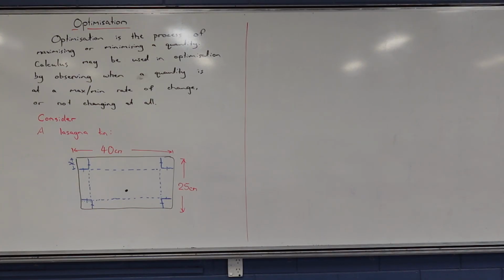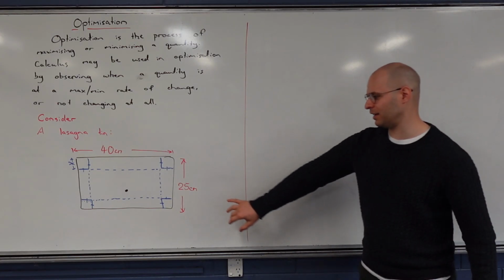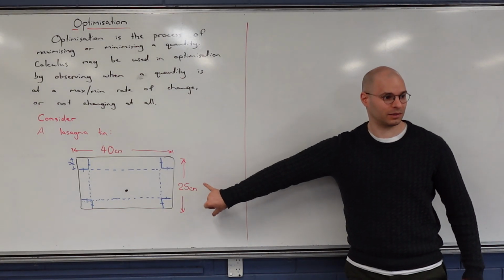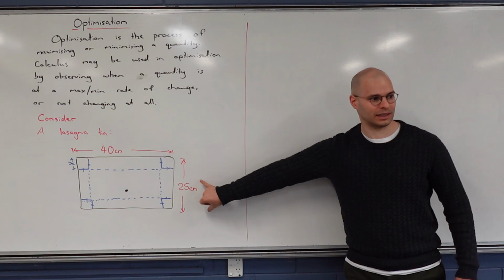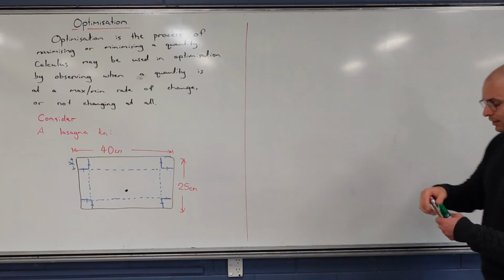Any ideas? What tool could we potentially use here to solve this problem at hand? Some form of branch of mathematics we could employ. Starts with C. Attaboy. Using calculus, we actually have a tool set that we can use to objectively state that we're going to get the maximum size lasagna tin.